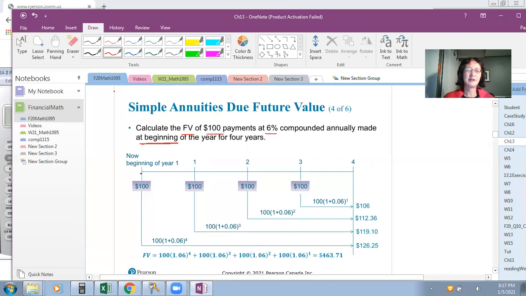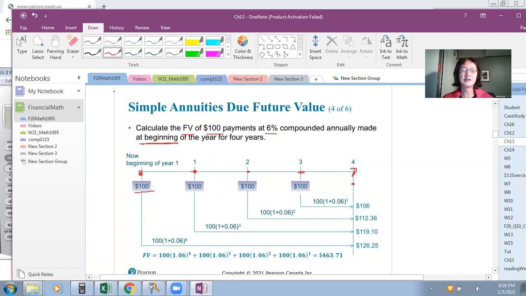So this is the beginning of year 1. You have $100. Beginning of year 2. Beginning of year 3. Beginning of year 4. The question is, what is the future value at this point?